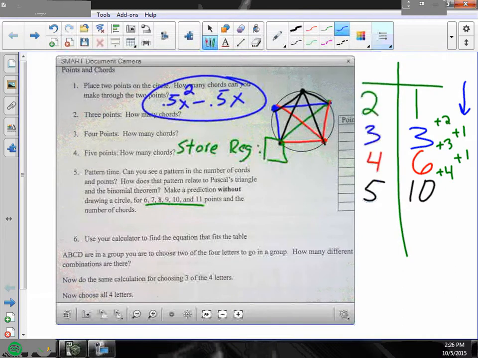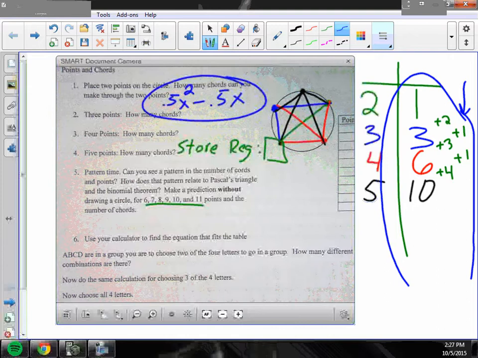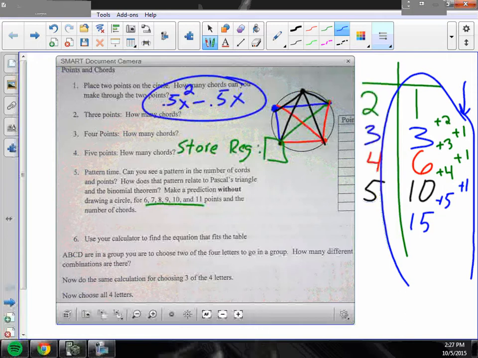When I add my 6th point, I have 5 dots to connect it to, which happens to be one more than the previous one. Does this list look familiar to you? So the next time is going to be plus 5, plus 1, so this will be 15. And the next time will be plus 6, because this is plus 1, so that will be 21. Does that list ring a bell from Friday, perhaps?